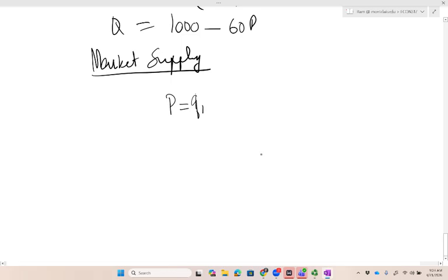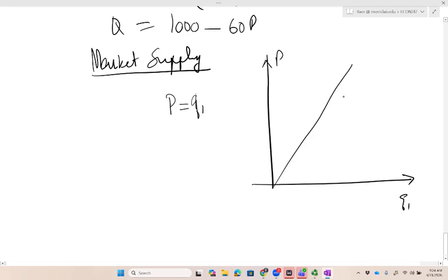And so I can draw this inverse supply. I have Q1 here, I have price here, and so this is a straight line with positive slope of 1 and vertical intercept 0. So I can draw a straight line passing through the origin. I can write it as P equal to Q1. This is the supply for an individual firm.